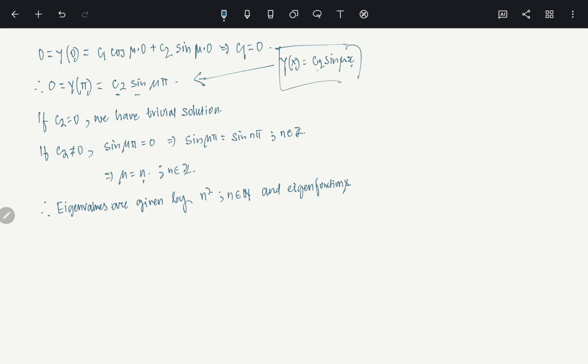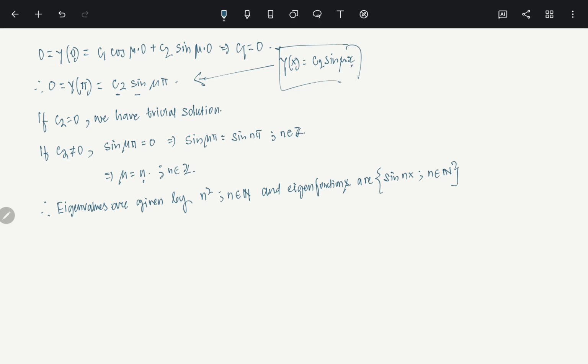Yes, a constant times sine of nx, but the constant can be 1 also. Any constant multiple is fine. So eigenfunctions are given by sine nx, and n is in N for now. It can be Z also, but it doesn't matter.